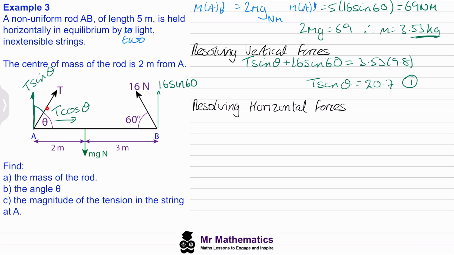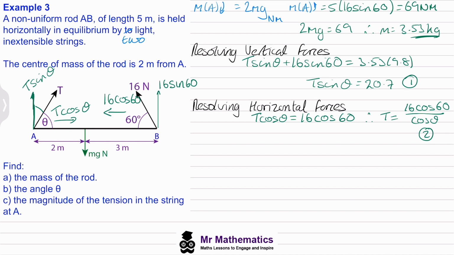If it doesn't contain the angle, it is sine of the angle. And for our other force of 16, this will be 16 cos 60. And because it's held horizontally in equilibrium, these two horizontal forces must be the same. So T cos theta would be the same as 16 cos 60. So therefore, T will be 16 cos 60 divided by cos theta. And we'll call this equation 2.